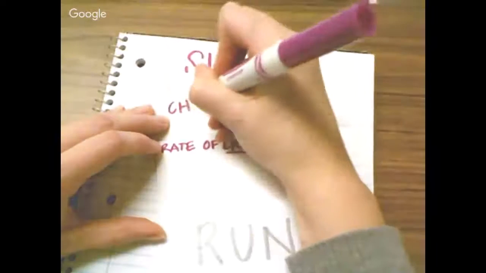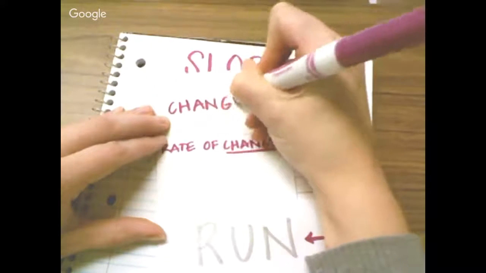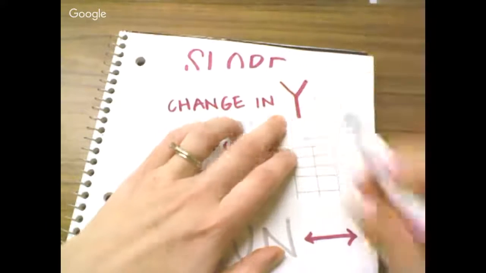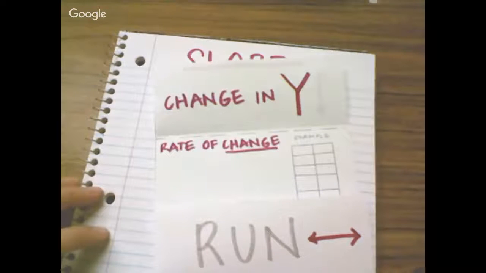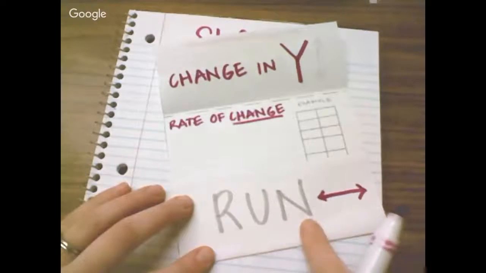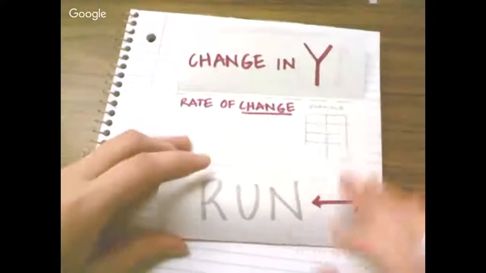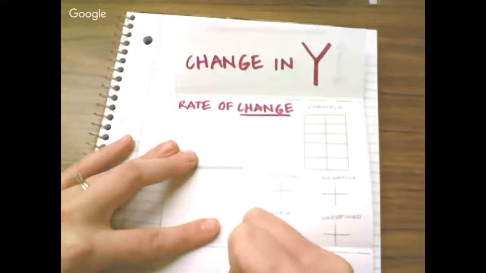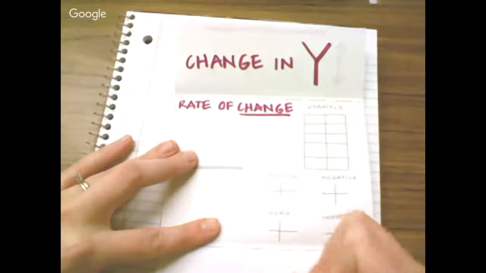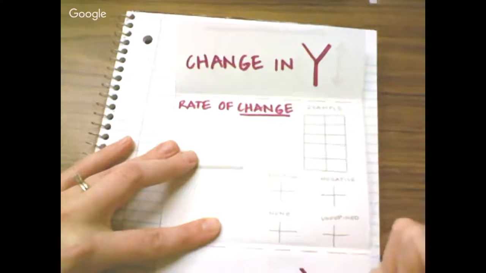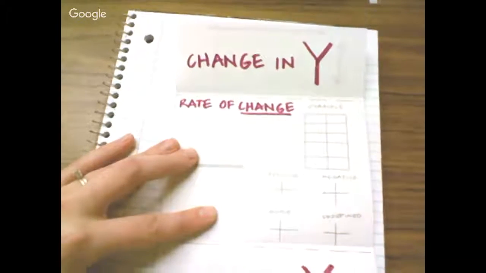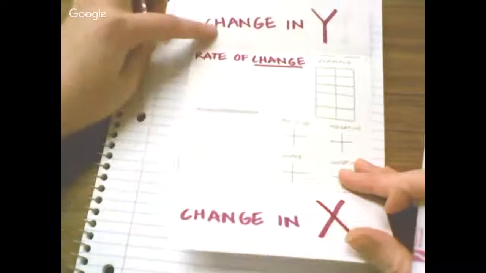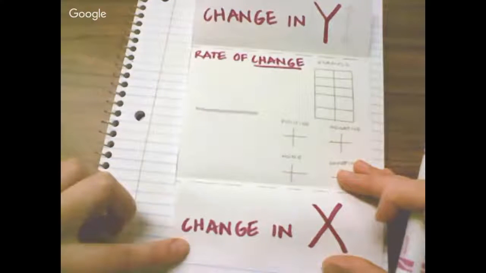This is a change in the y value. So then on the other side, my run, this is a change in the x value. So I'm talking about a change in y over a change in x.